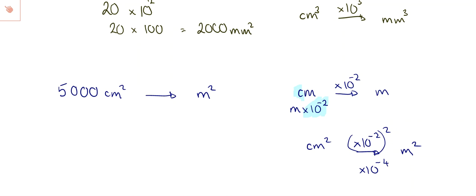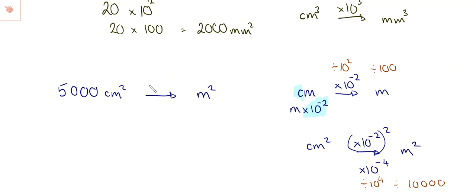And let's just confirm that, maybe putting it in a way you understand a bit better. Timesing by 10 to the negative 2 is the same thing as dividing by 100. This would be dividing by 10 to the power of 4, which is the same thing as dividing by 10,000. Yeah?